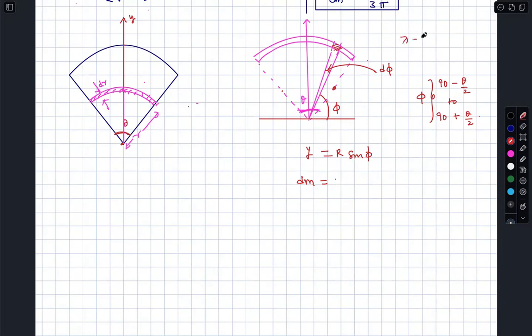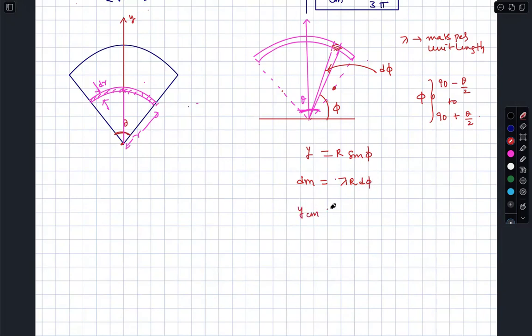Lambda refers to mass per unit length. So dm is lambda r d phi, right?